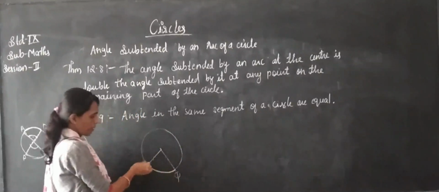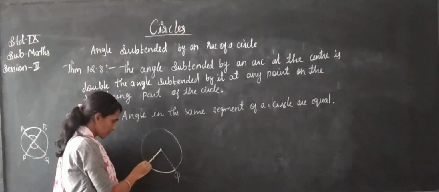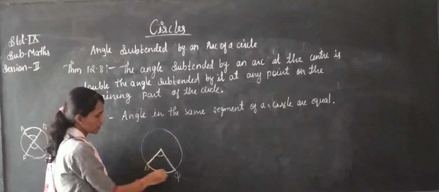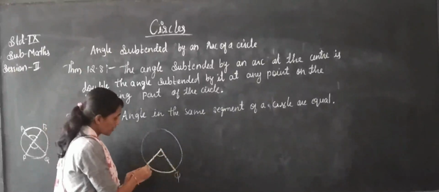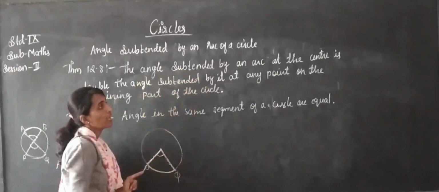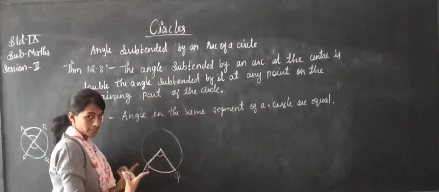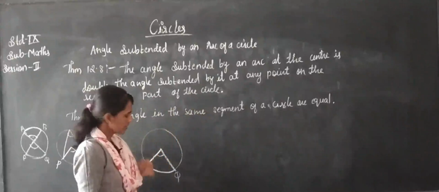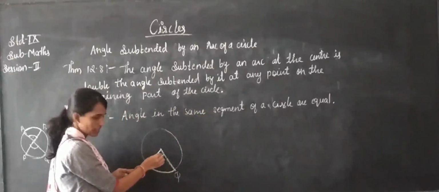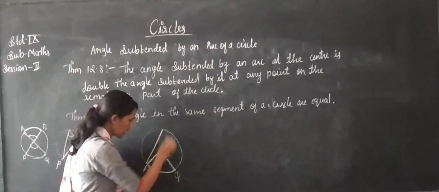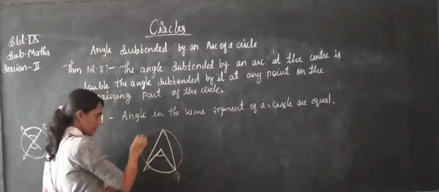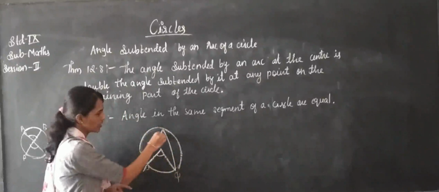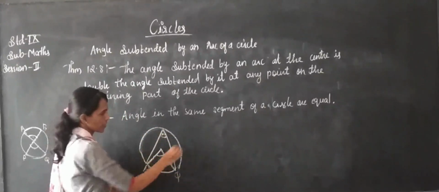If PQ is an arc, the angle subtended at the center by the arc PQ is double the angle subtended by the arc at any point on the remaining part of the circle. Remaining part means from here to here, anywhere it will be double.